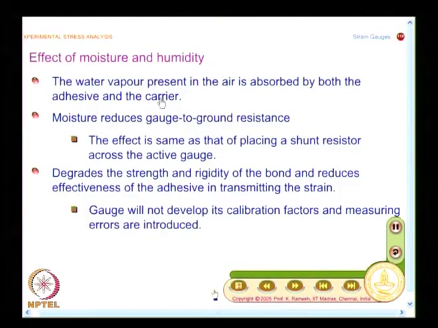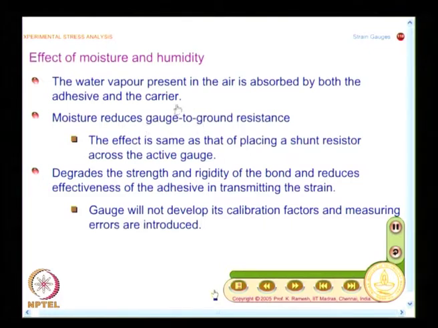And a very interesting thing happens. See, if you do not look at these very systematically, you will ignore all these effects. So, water vapor present in the air is absorbed by both the adhesive and the carrier. And what happens because of that? The gauge to ground resistance gets reduced.